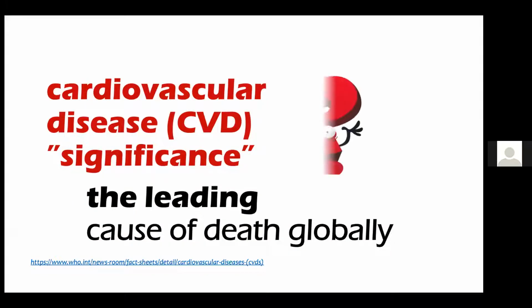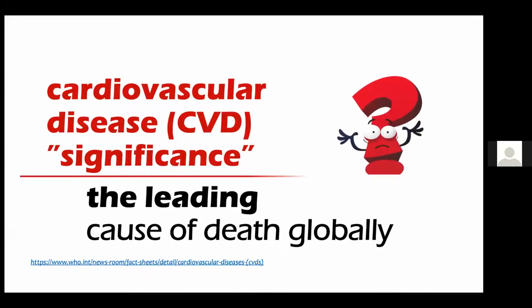So why is it significant? Cardiovascular disease is the leading cause of death globally. We need to remember this. We care about HIV, we care about TB, we know that we need to report on all those things.